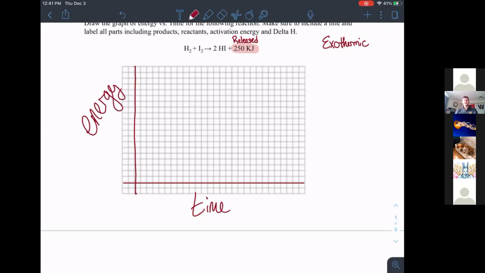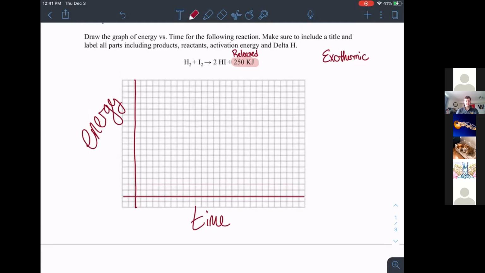All right. Anything else I need to label before I get started? The title. What do we label our title? Energy versus time. Perfect.